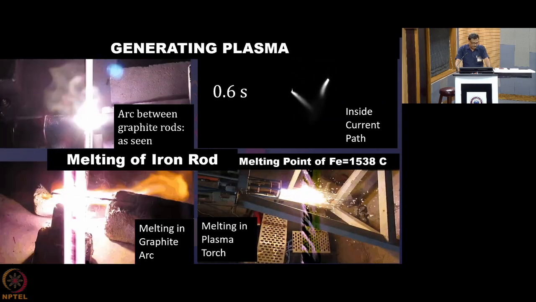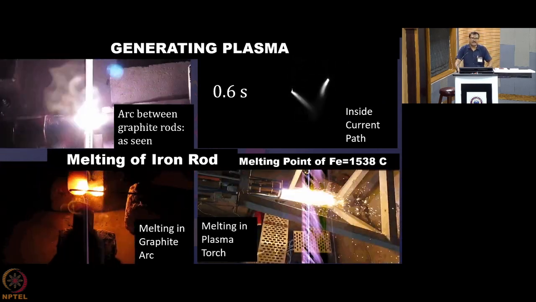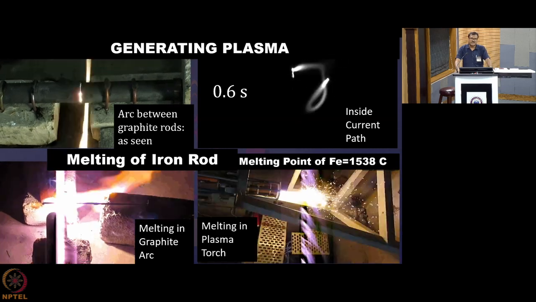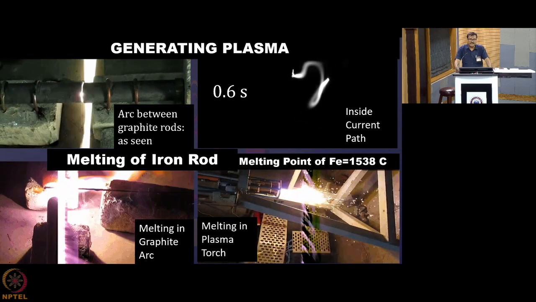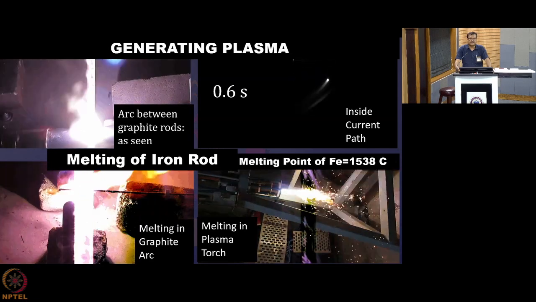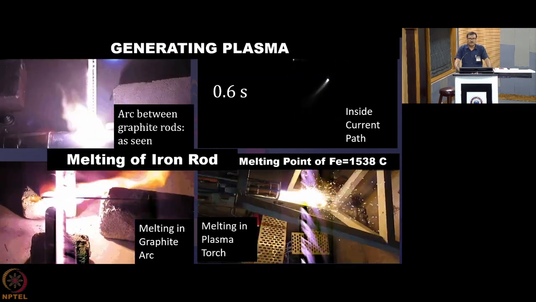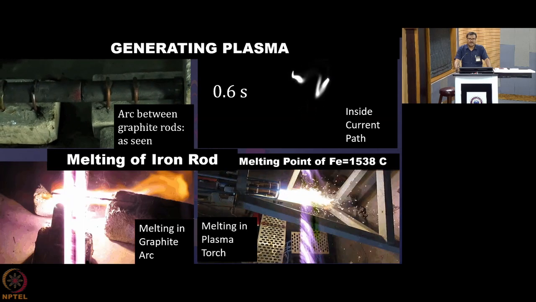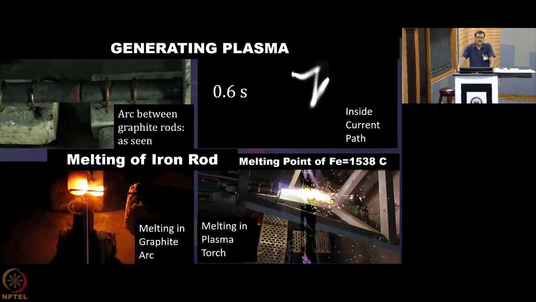Now, arcs usually give a very high temperature plasma, which has been known to people for quite a long time. But the exact mechanism by which it gives that high temperature is usually not known. This is mainly because it is very difficult to probe a very bright plume.